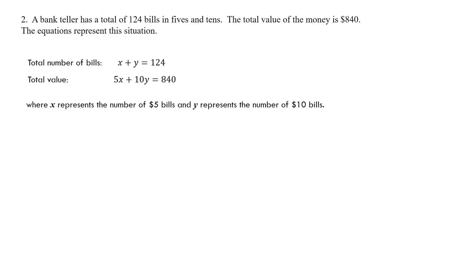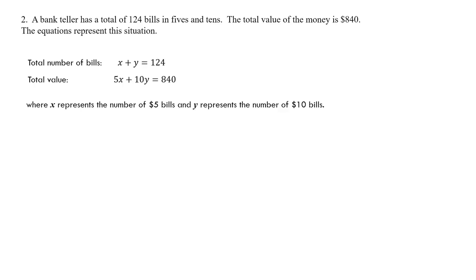Question 2. A bank teller has a total of 124 bills in 5s and 10s. The total value of the money is $840. The equations represent this situation. And once again, we're given the equations.